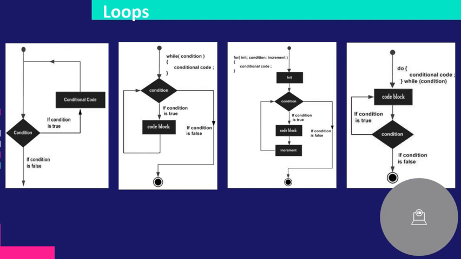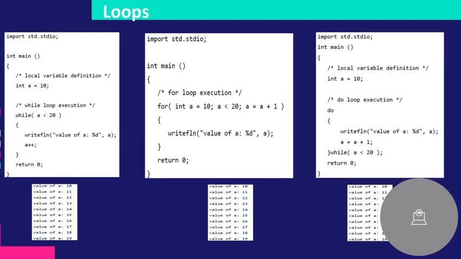Of course, you're very familiar with loops if you have used other programming languages. And there are multiple types. So you have the while loop, the for loop, and the do while. And of course, it's similar, as we said, to C and Java. This slide contains the three main looping types: while, for, and do while.